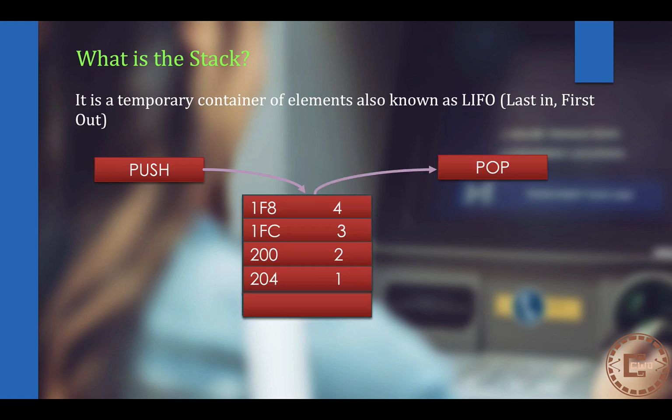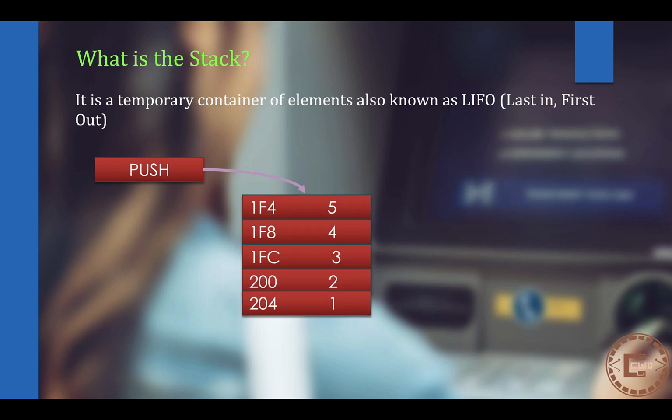So what the pop just did, guys, you remember the last in, first out? Which was the last that got in? The number 5. You remember? This was the last to get in. When I do the pop, the first thing that is gonna be out is this guy. Okay, out of the stack.